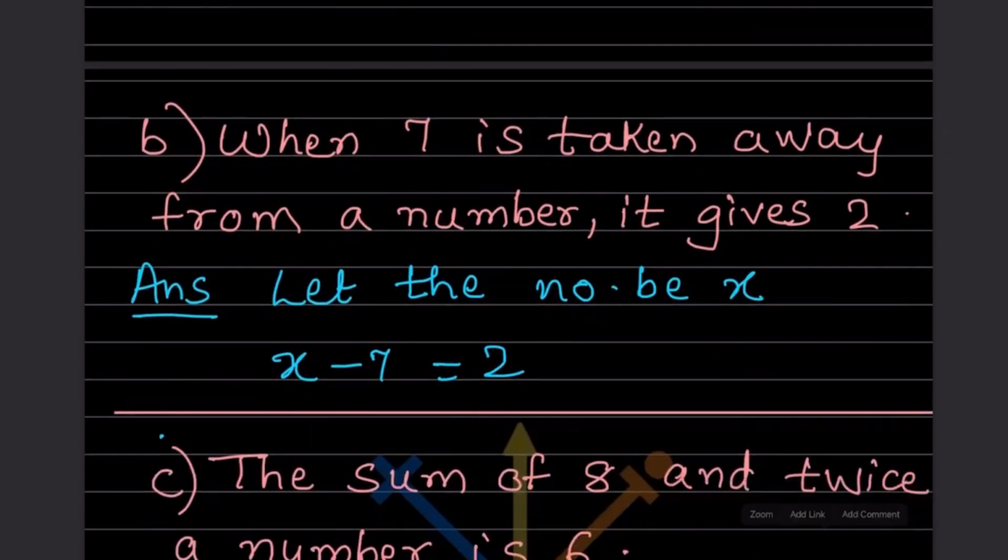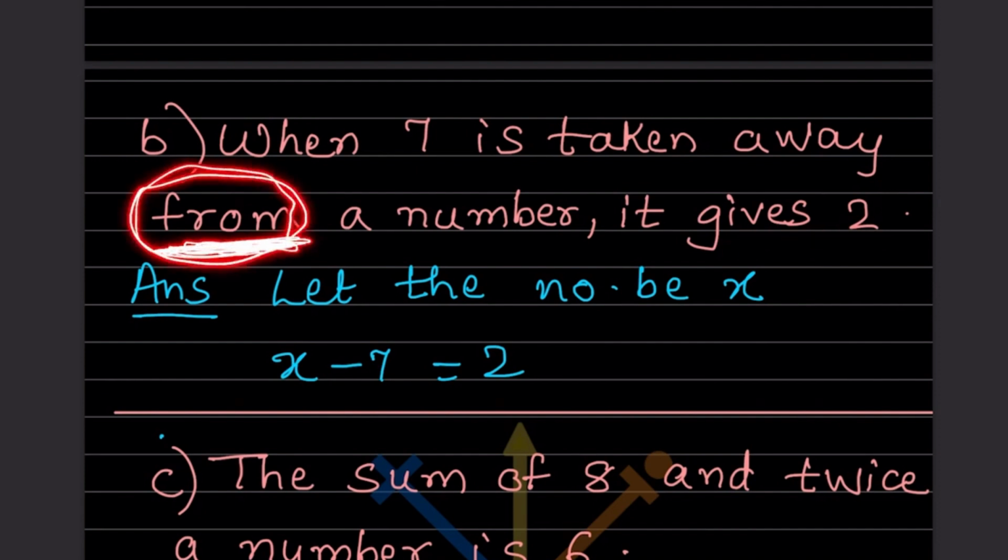Now you look at this one. When 7 is taken away from a number, it gives 2. Again here we don't know what the number is, so let the number be x. So now what did they say? It gives 2. Now again, as I have explained in the previous video also, just think of "from": whatever comes after "from" is the number, so that should be at the start.